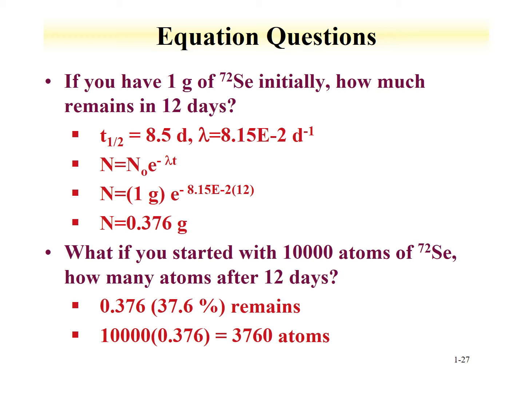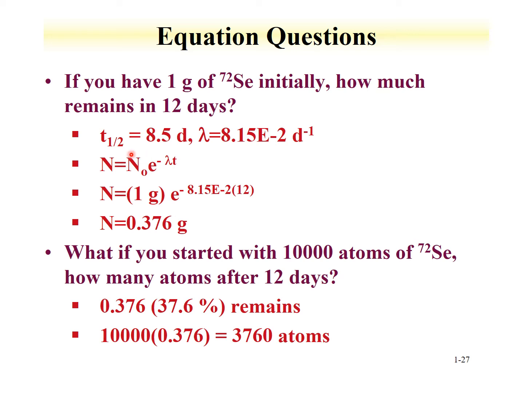Based upon some of the equations that we've reviewed, one should be able to answer some of the following questions. For instance, if you have 1 gram of selenium-72 initially, how much remains after 12 days? Well, the half-life is 8.5 days. The decay constant is log 2 divided by 8.5 days. The number is N initial times e to the minus lambda t.